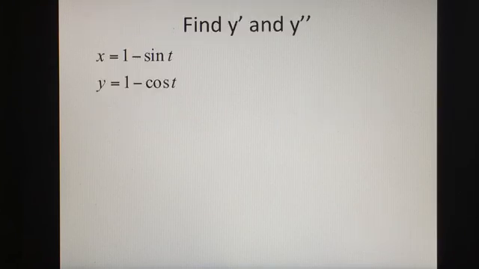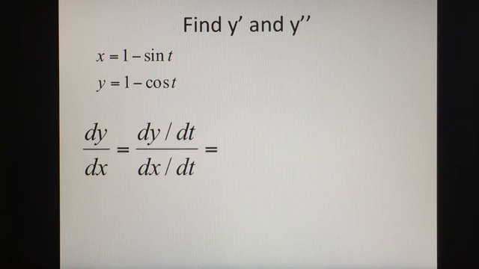So let's do an example. Let's find y prime and y double prime. Our parametric equations are x equals 1 minus sine of t and y equals 1 minus cosine of t. So use those formulas that we just found. We have dy/dx equals dy/dt over dx/dt. So dy/dt is sine of t over negative cosine of t.